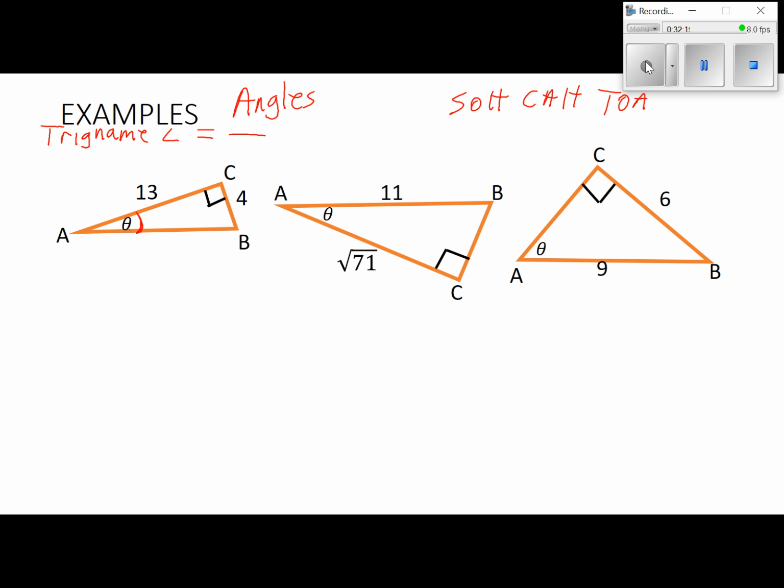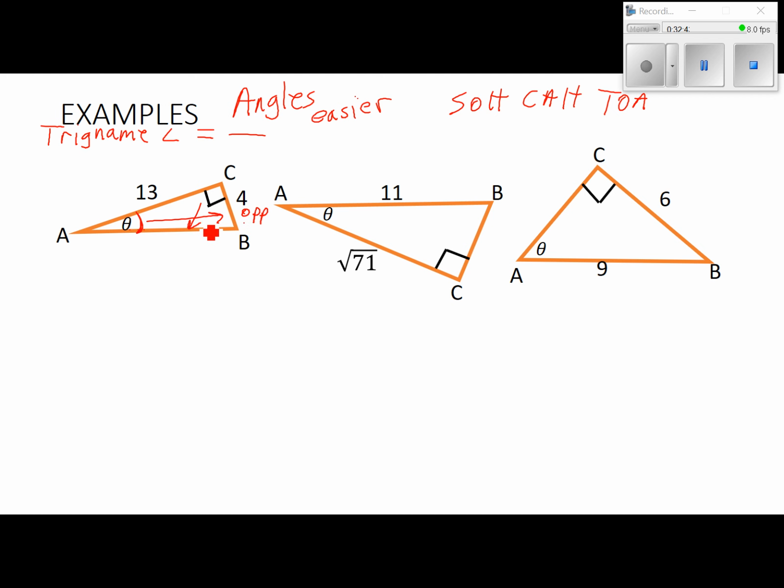On this first one, I'm dealing with this angle, side across from that. The reason I know that is that's the angle we're looking for. And by the way, finding an angle should be easier because your calculator is going to do most of the work for you. We know we're looking for this angle, so that's the angle we're going to pick.